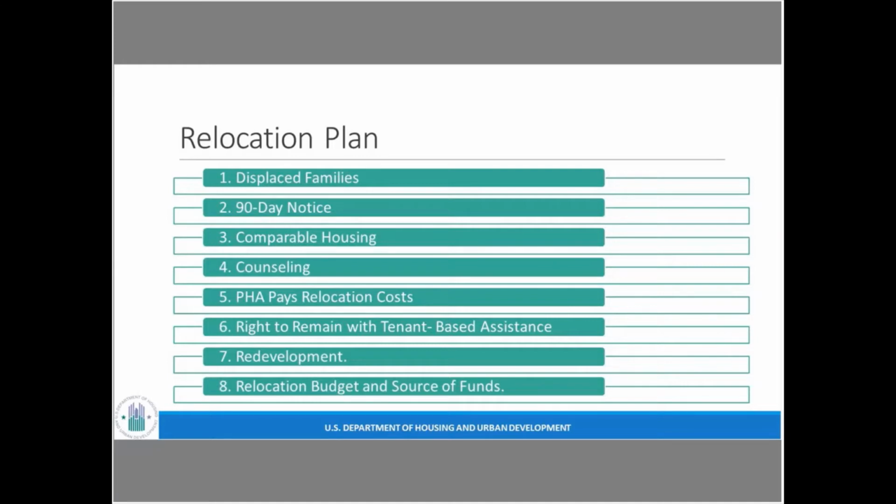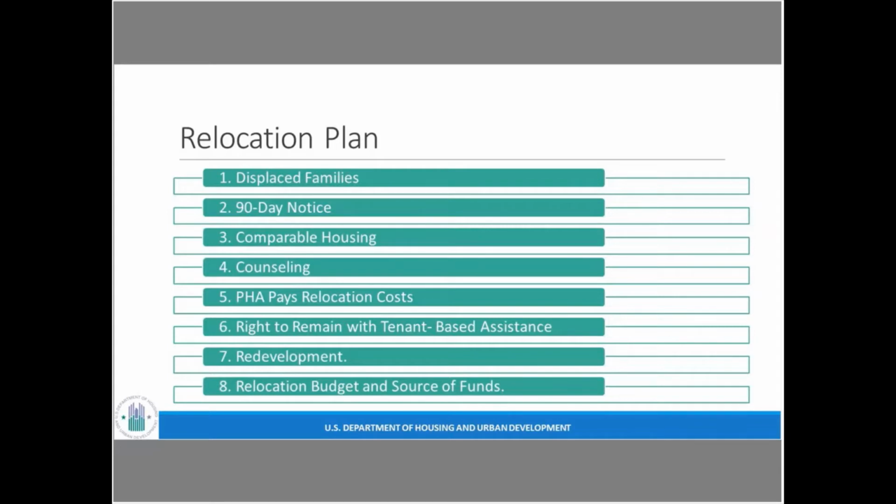Now, there's some flexibility and local discretion for what actual and reasonable relocation expenses covers. Clearly, actual moving expenses, but then there's some local discretion in terms of other expenses. For instance, a PHA may, but is not required to, pay for things like security and utility deposits.